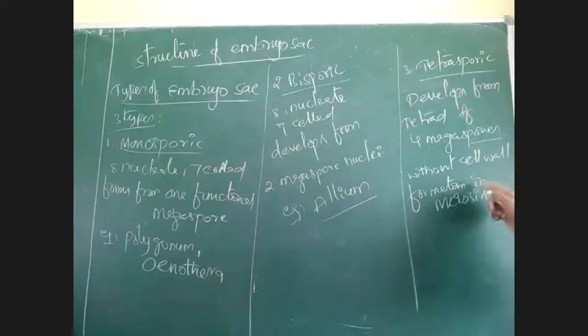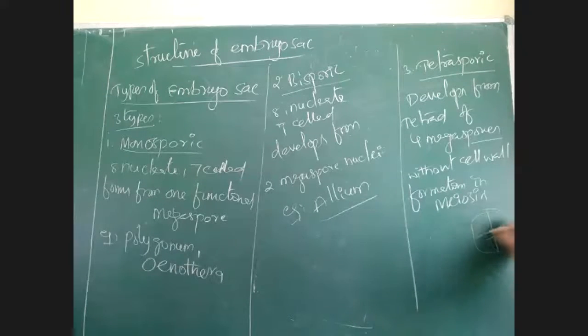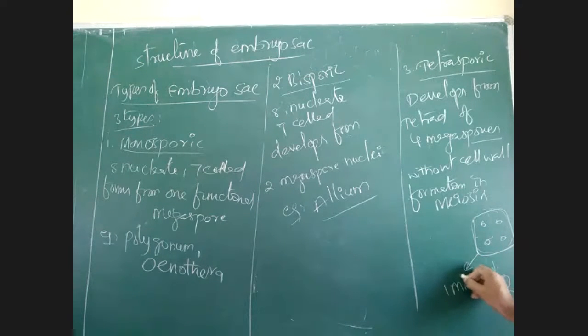But in this condition, meiosis results in formation of 4 haploid nuclei. If a cell wall formed, there would be individual megaspores as a tetrad. But here there is no cell wall formation, so one spore has a 4 nucleate condition. This undergoes one mitosis and forms 8 nucleates.